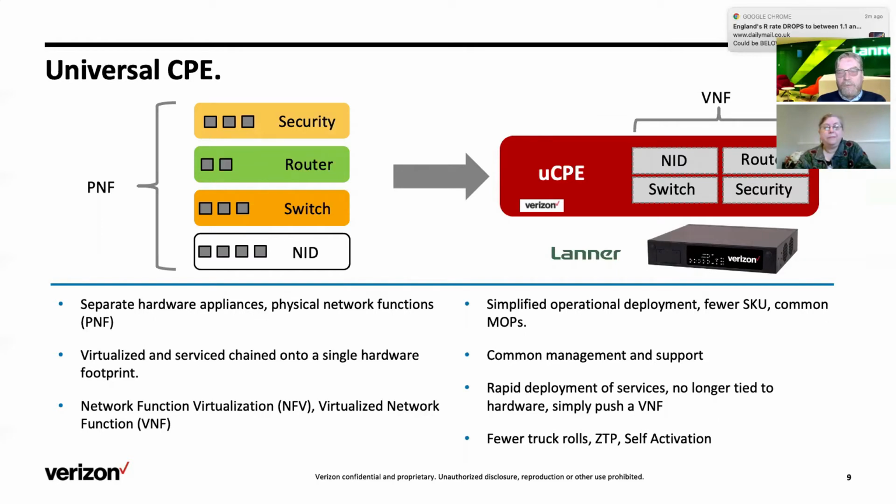That means we have an optimized hardware platform which provides all the elements for security from a physical point of view, to be able to operate multiple virtual network functions, moving away from a physical network function. So introducing security, routing function, switch function, but also other enterprise functions for unified communications and so forth.